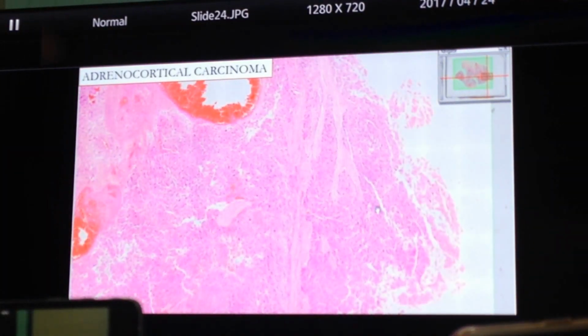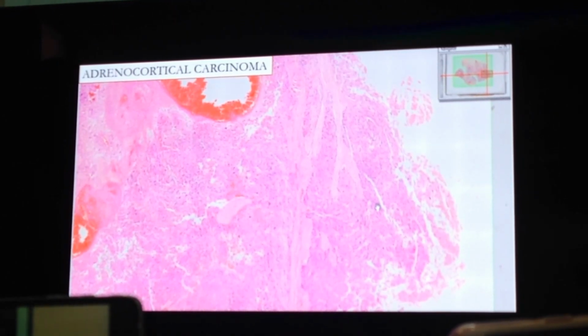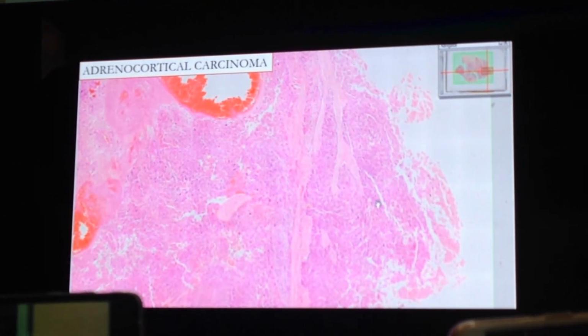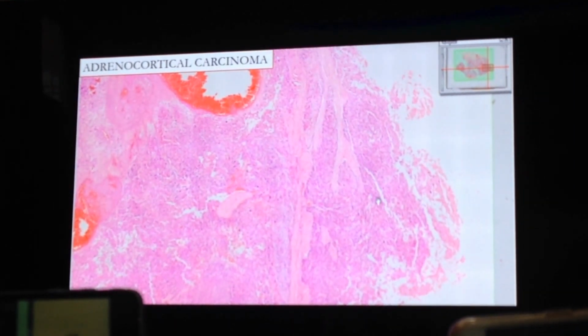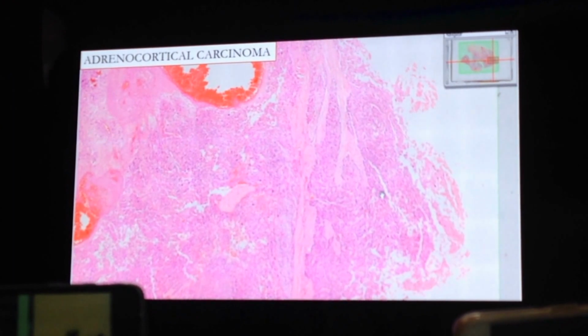So next is adrenocortical carcinoma. It will present with hirsutism. You can see here the capsule is infiltrated by the tumor cells.